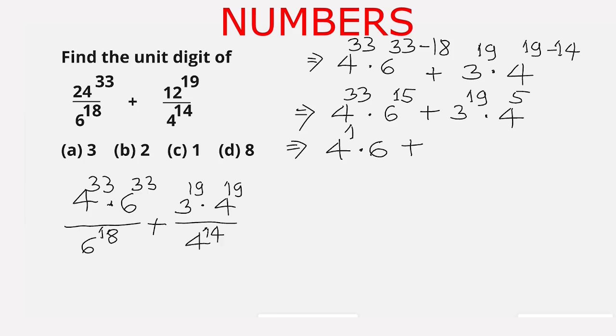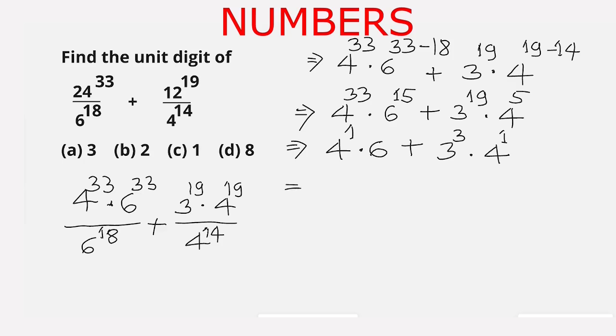We divide 19 by 4 and the remainder will be 3, as 4 times 4 is 16 and 19 minus 16 is 3, into 4 to the power 5 can be written as 4 to the power 1, as 4 times 1 is 4 and 5 minus 4 is 1.